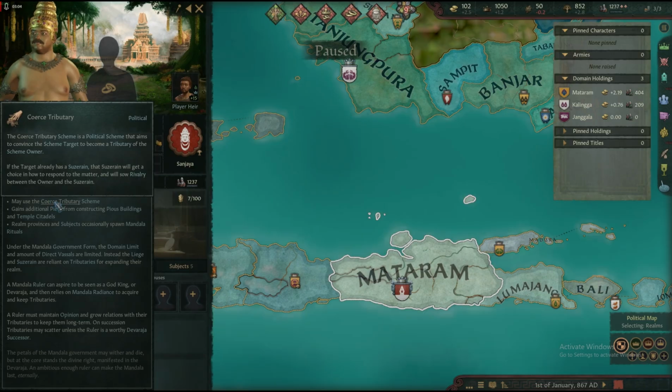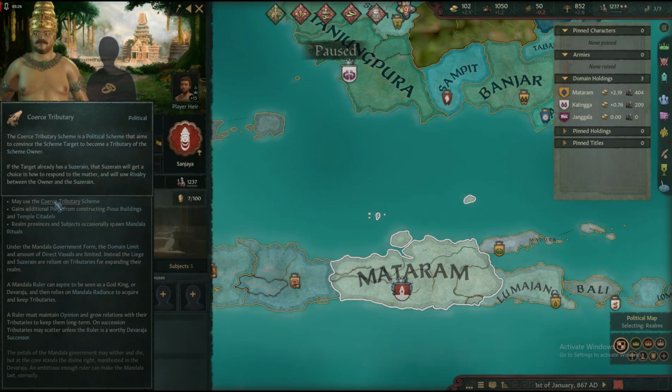Coerced tributary is a political scheme, as far as I remember the only one you really have. Basically, you try to convince a tributary to break away from their overlord.